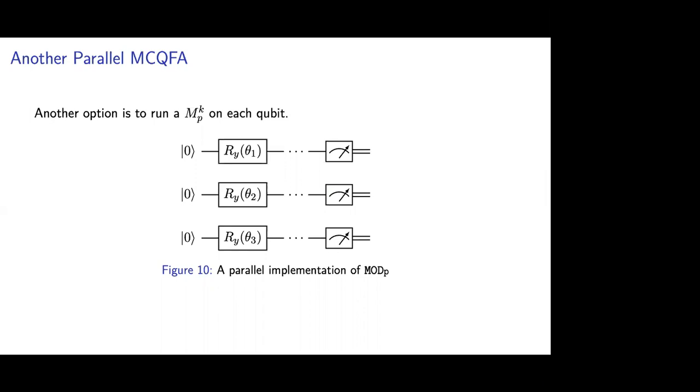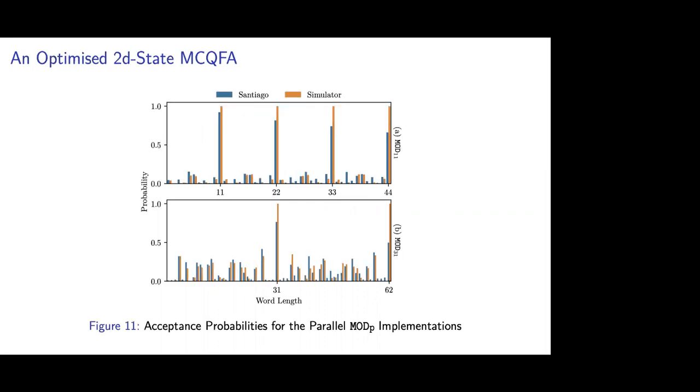So in this implementation, we need k states, d many qubits. So if you were to use this for a very large prime number, then this implementation might still prove to be useful. So this is what we tested, and as you can see here, finally, we have some good results.